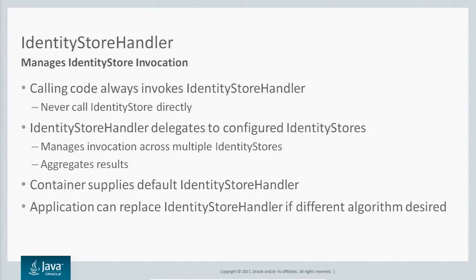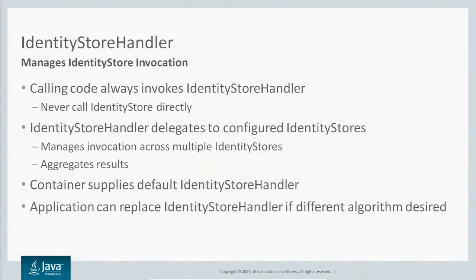So the interaction with identity store is always through an identity store handler. Calling code invokes on the identity store handler and should never call identity store directly. Identity store handler delegates to the configured identity stores and manages invocation across multiple identity stores and aggregates the results.